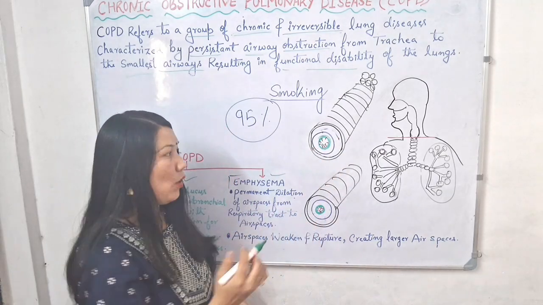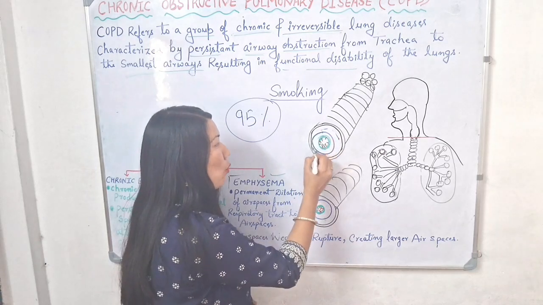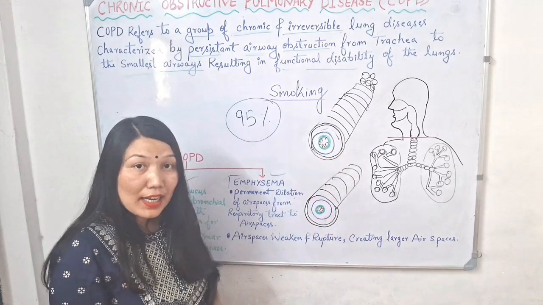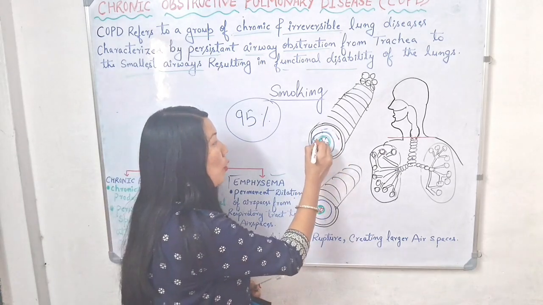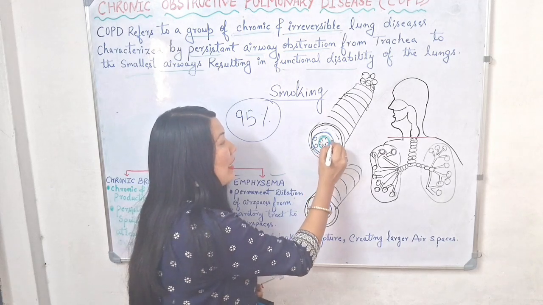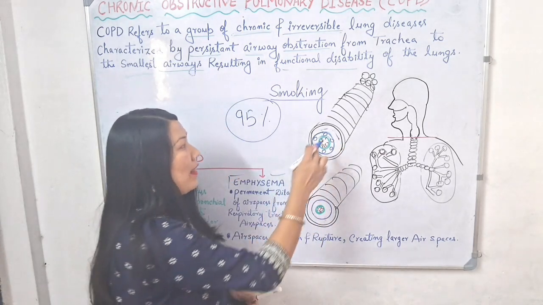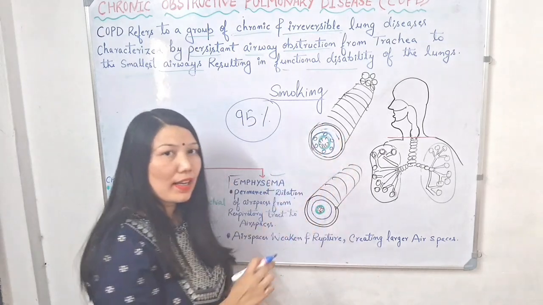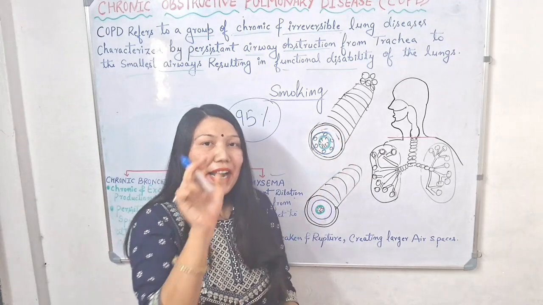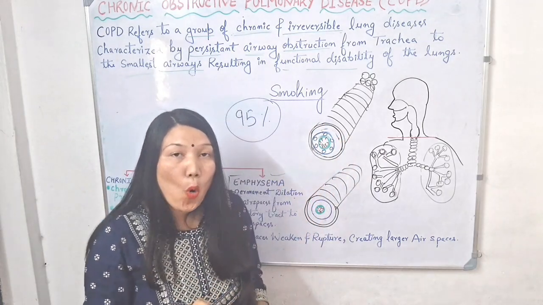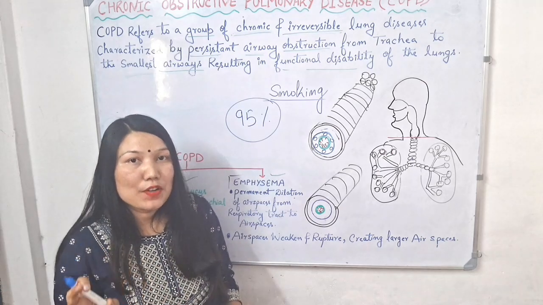Then comes the submucosal layer, where there are several goblet or mucus cells which secrete a sticky substance known as mucus. Then there is the muscular layer, and last the adventitious layer. So there are 4 layers in the respiratory tract.